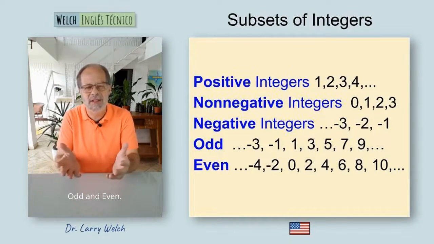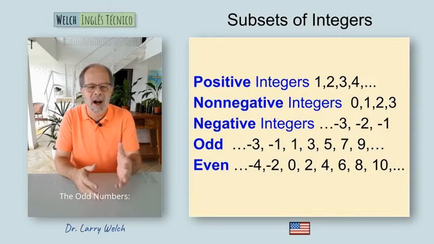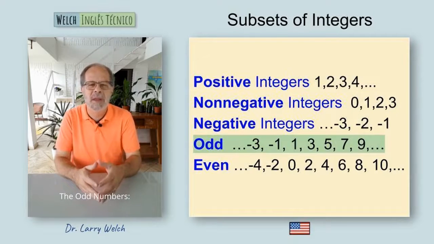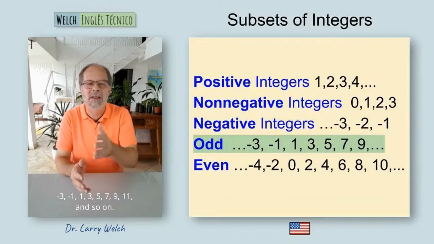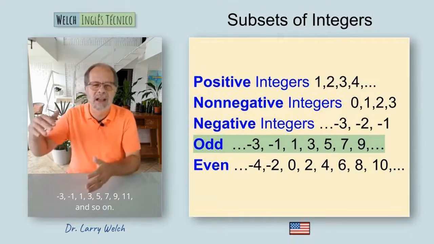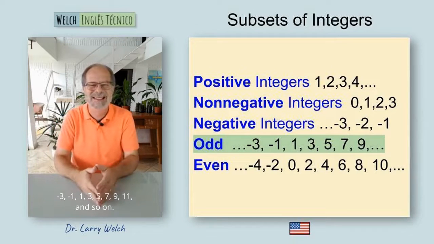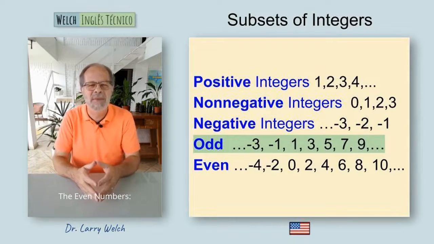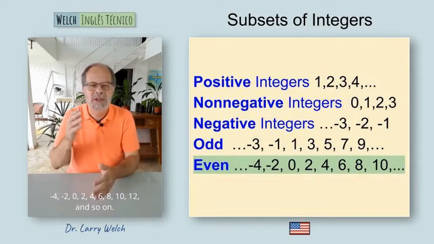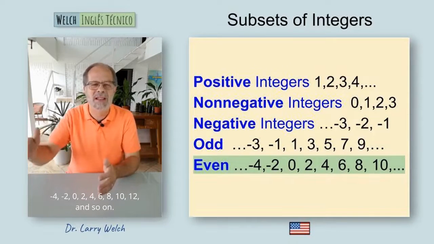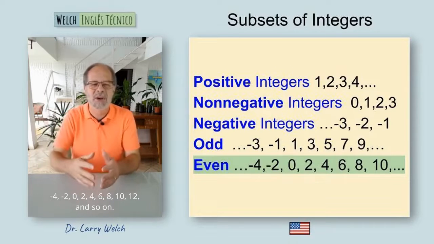The odd numbers, -3, -1, 1, 3, 5, 7, 9, 11, and so on. The even numbers, -4, -2, 0, 2, 4, 6, 8, 10, 12, and so on.